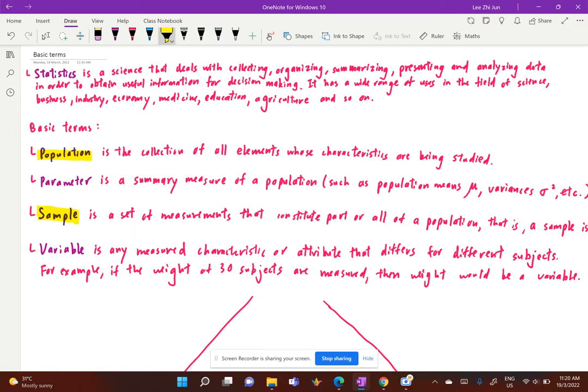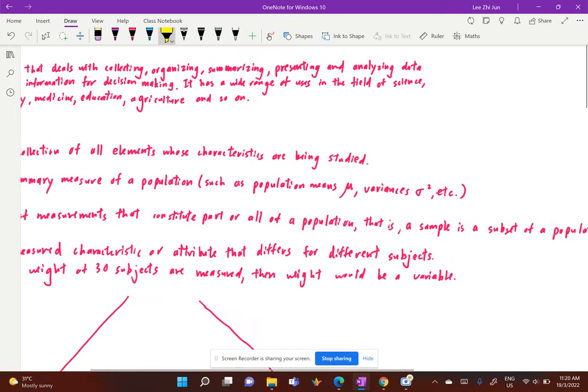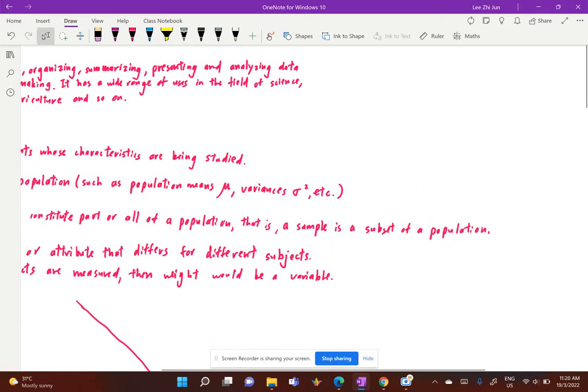A parameter is the summary measure of a population, such as the mean or variance or standard deviation. A sample is a set of measurements that constitute part of the population. That is, a sample is a subset of a population.